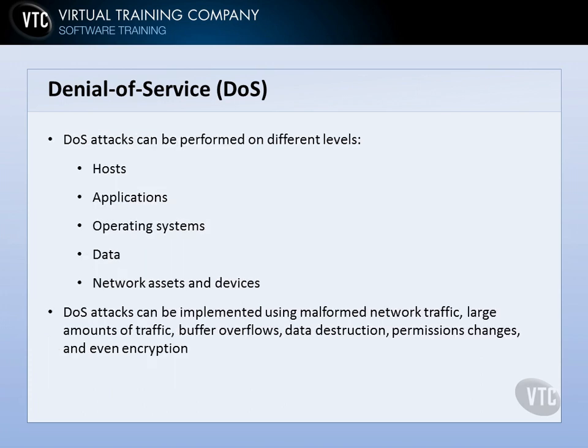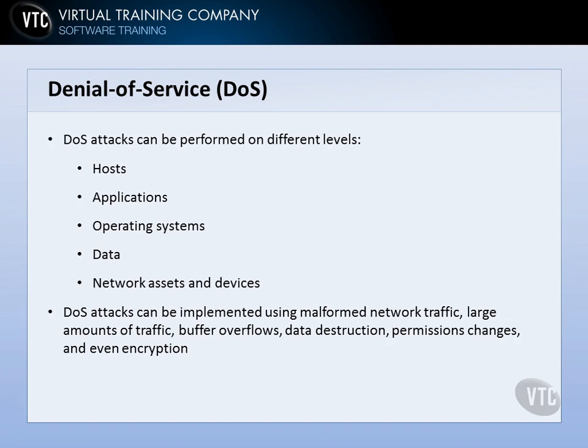Now, denial of service attacks can be performed on many different levels. There's no limit to the creativity of a hacker to perform a denial of service. You can do a DoS attack on a host, for example, one particular machine. You could also DoS a particular application and make it so the user can't use that application. Maybe it's a client-server application like an SQL database, for example. So they might DoS that network connection to that application and make it so it can't be used.